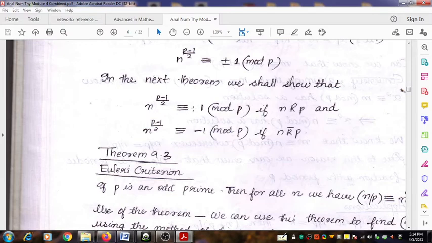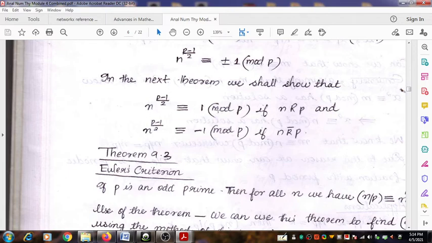This situation, when n is a quadratic residue mod p, we have completed in case 2. When does it happen? It happens if (n/p) equals 1. Then n is a quadratic residue mod p, and we get n^((p-1)/2) is congruent to 1 mod p.